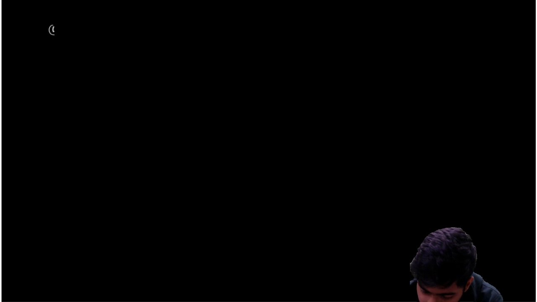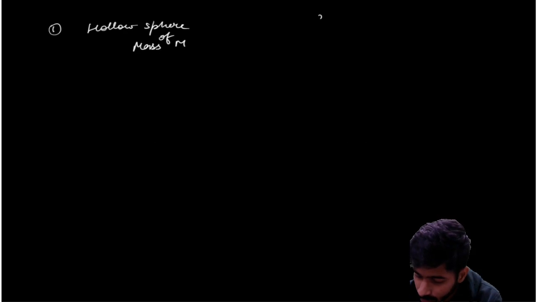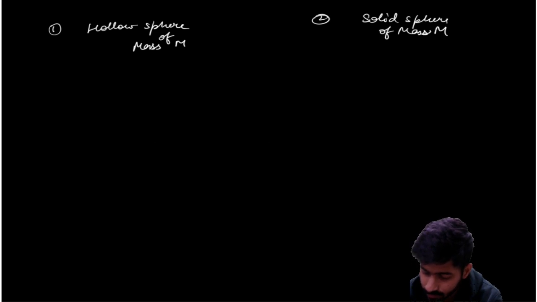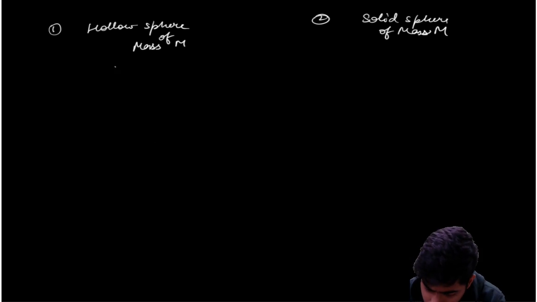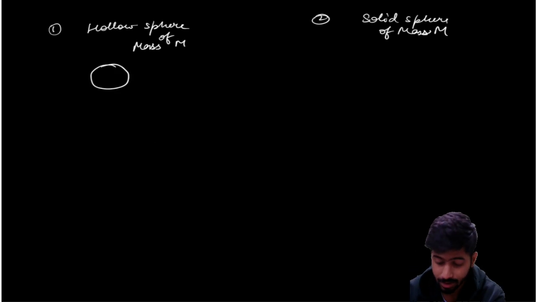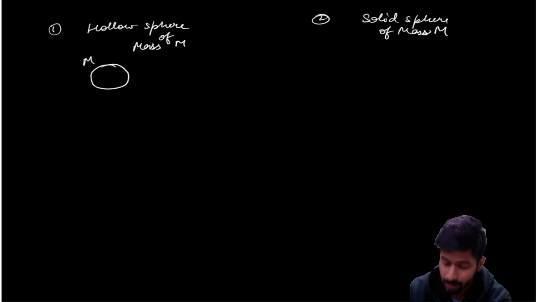What if I have a hollow sphere of mass m? What if I have a solid sphere of mass m? So you have a hollow sphere of mass m, and I'll ask you two things about it for three conditions, right?